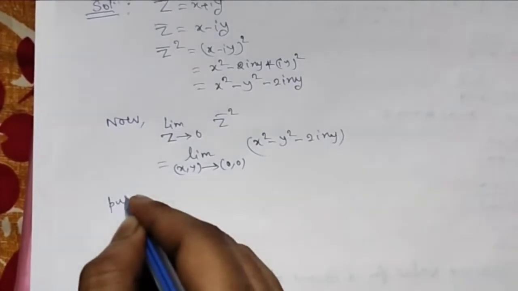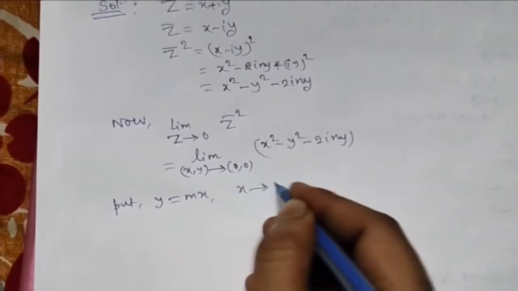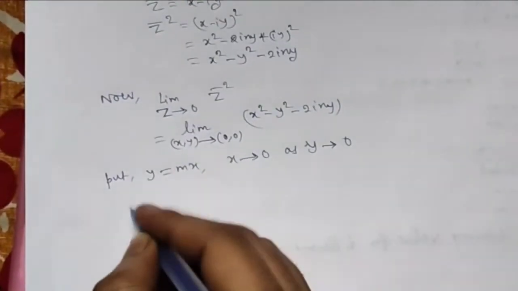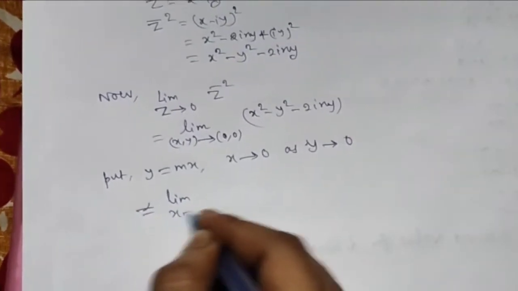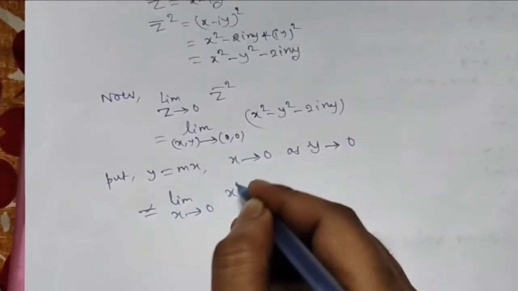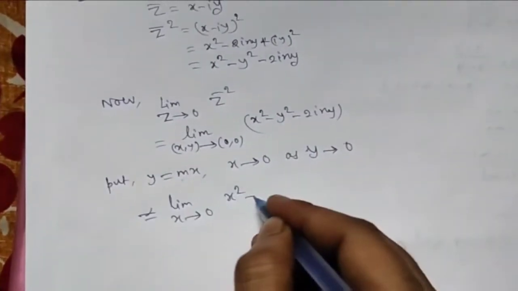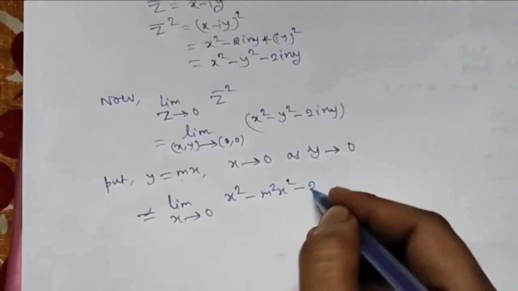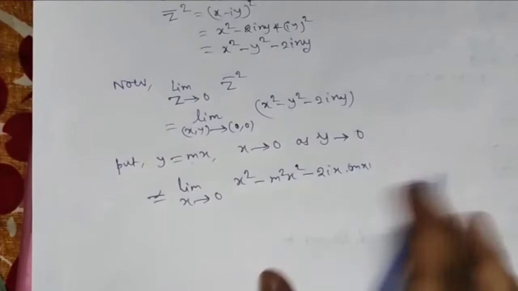So again we put y is equal to mx, and then x tends to 0 as y tends to 0. Then again a single limit. This x tends to 0, and this x square minus y square means minus m square x square, and here minus 2ix and y is mx.